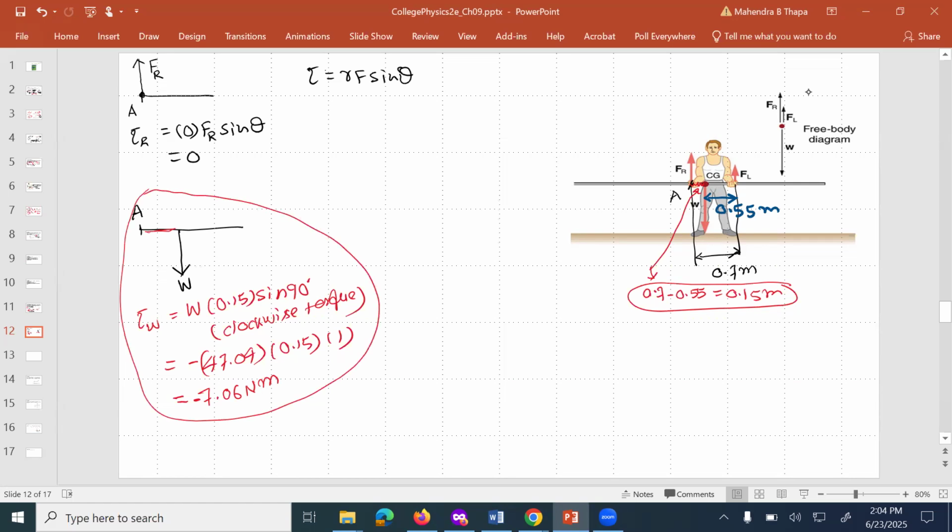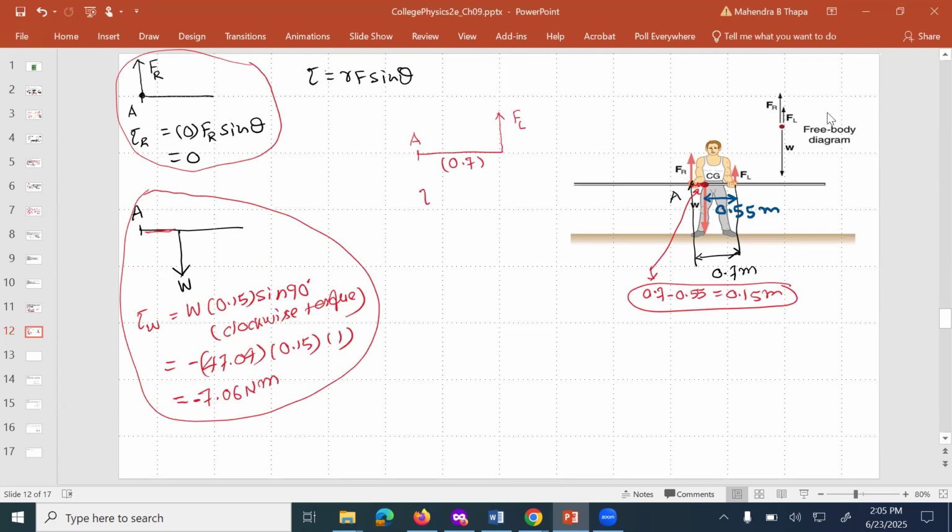This is the torque due to the force exerted by the left hand. Talking about the left hand, we can draw this figure like this. This is the pivot point A, right? Our force due to the left hand is FL. The distance between the left hand and the right hand is 0.7.